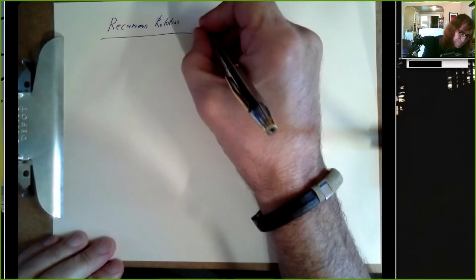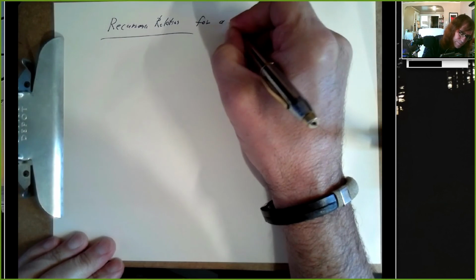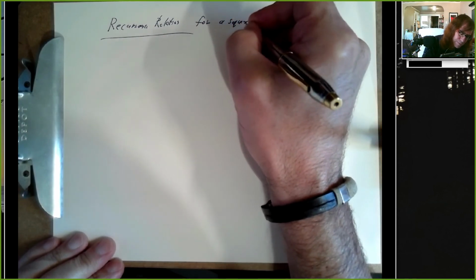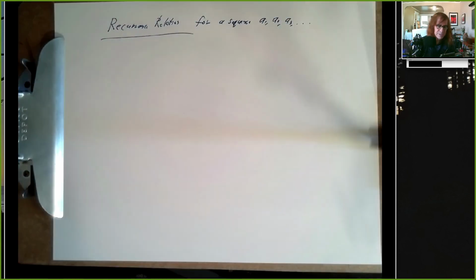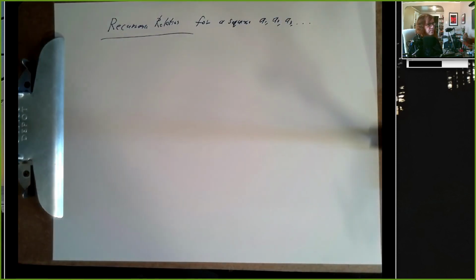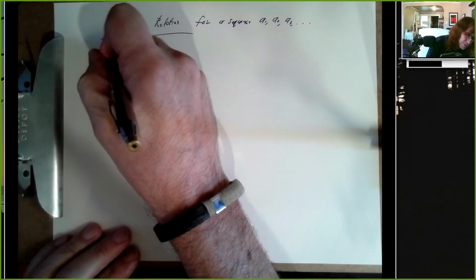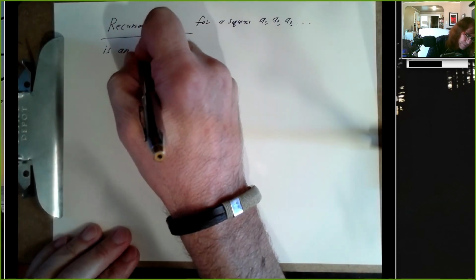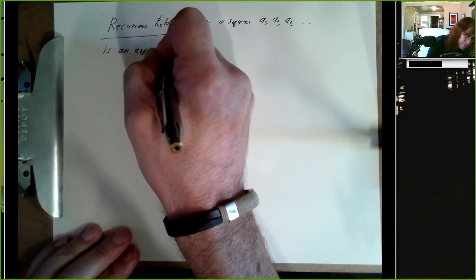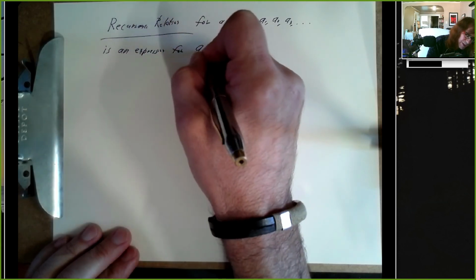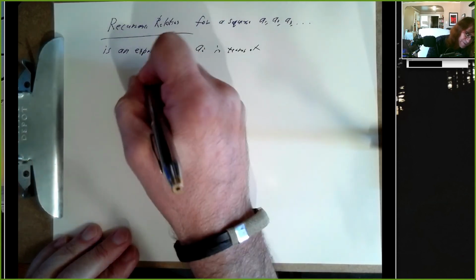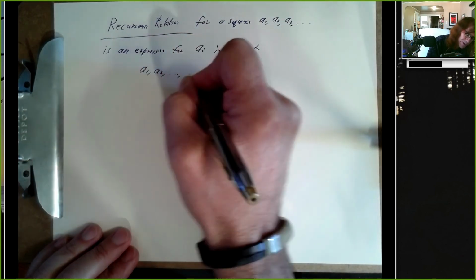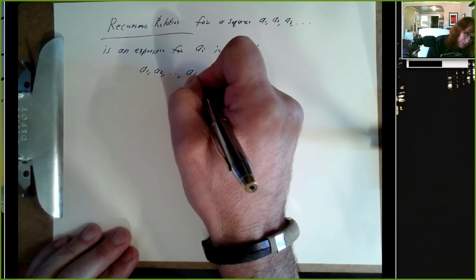A recurrence relation for a sequence A1, A2, A3, dot, dot, dot, is an expression for Ai in terms of A1, A2 through Ai minus 1.